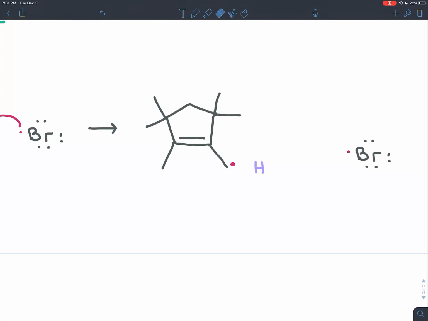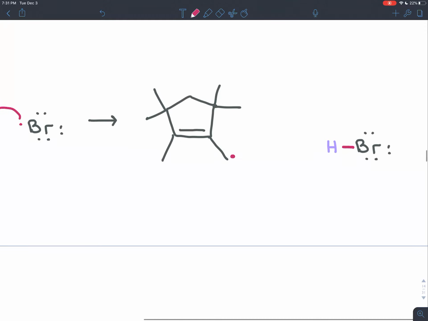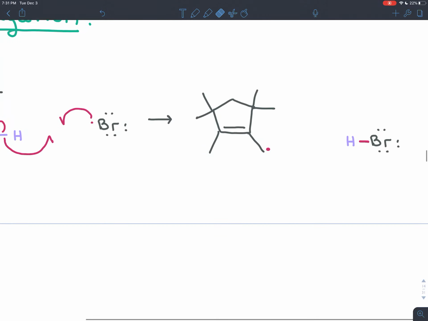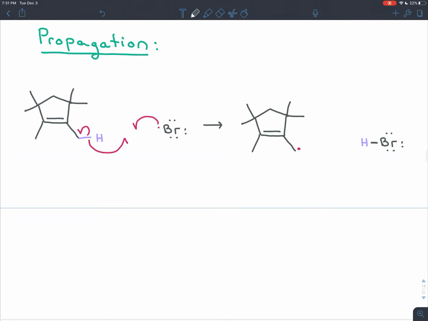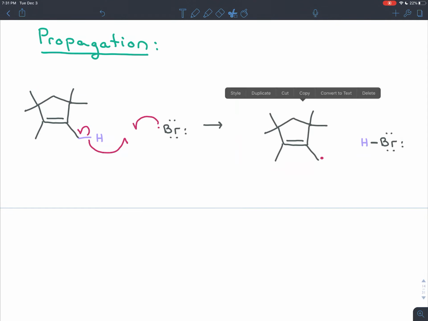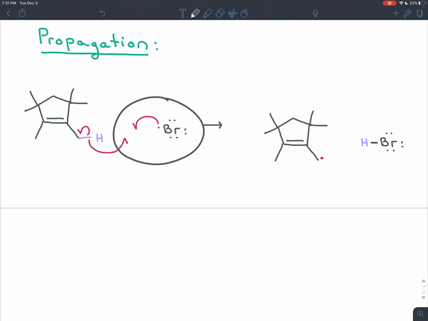The other electron joins with the other radical to form a new bond between the hydrogen and the bromine. So now we have this hydrogen bromide and a carbon radical. So that's a first propagation step. Remember that in the propagation steps, you start with one radical and you end up stabilizing that and creating another one, a different one.